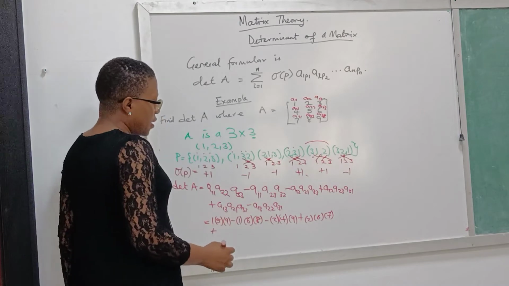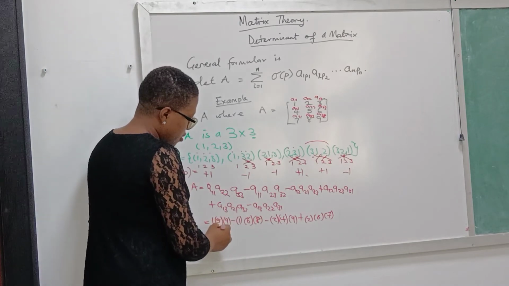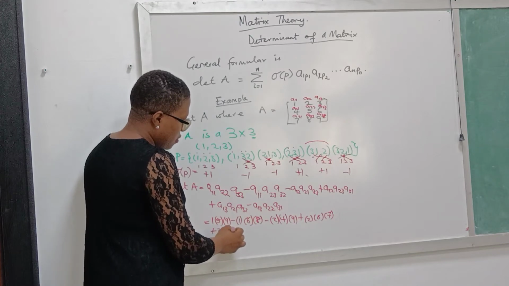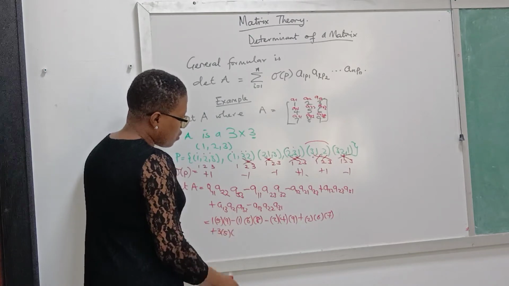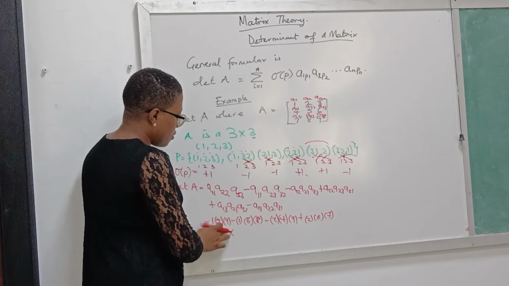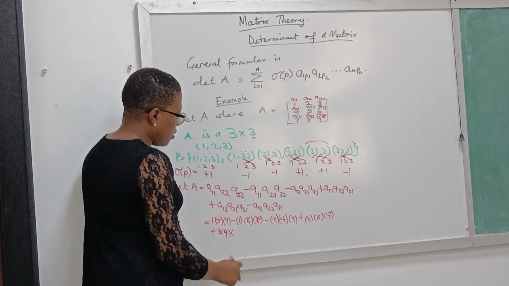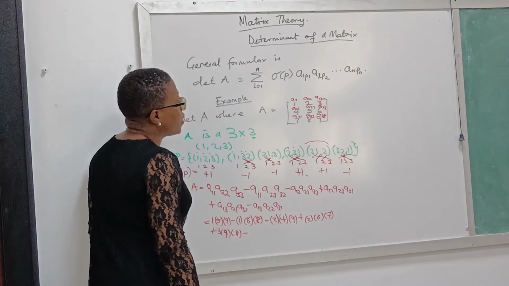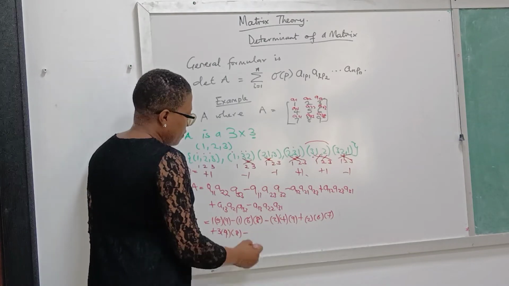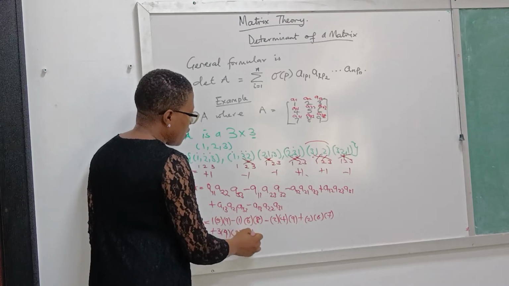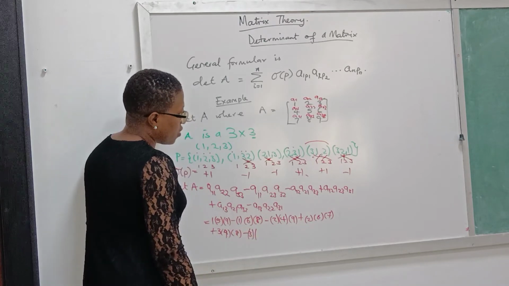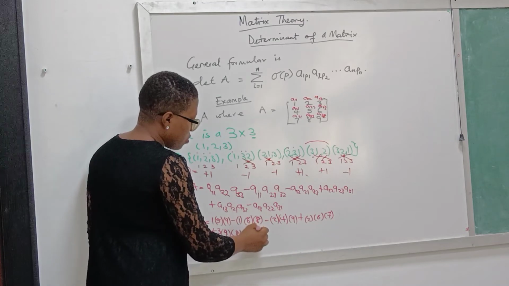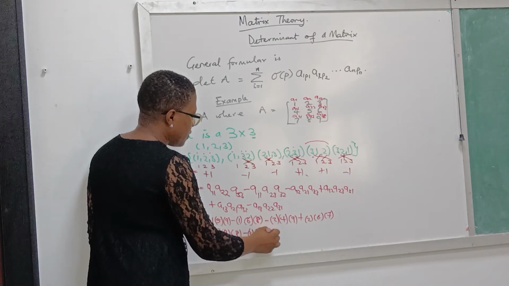Plus A13, which is 3, A21 is 4, A32 is 8. Minus A13, A22, A31 is 7.